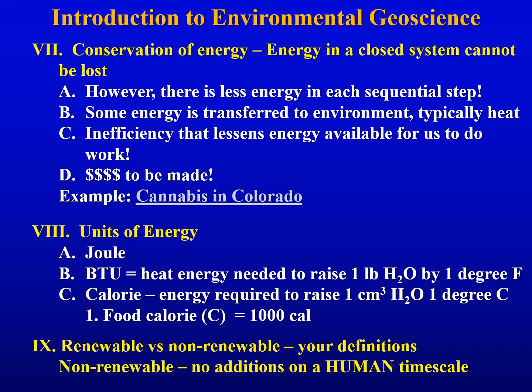We're using it up and it's not being replenished. And those energy sources are coal, oil, and natural gas, or what we call the fossil fuels. And that's what we're going to spend the rest of the day talking about, and probably the next couple of classes. Okay, so any questions at this point?